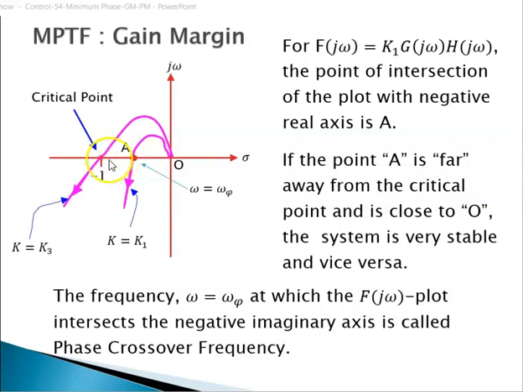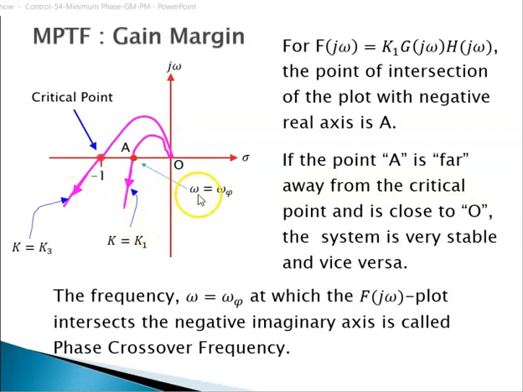If it is very close to minus 1, it is very unstable. It is coming closer and closer to instability. In the limit, when it crosses this critical point minus 1, the system becomes unstable.